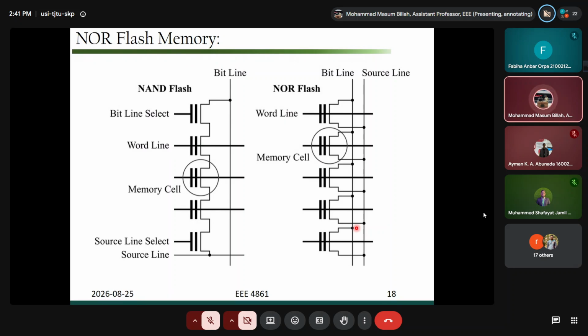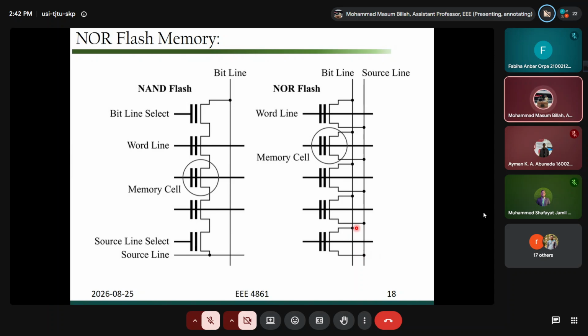For NOR logic, all sources are connected with a source line, and all drain electrodes are connected using one line, that is called the bit line. And one memory cell will have two other connections, gate and substrate biasing.